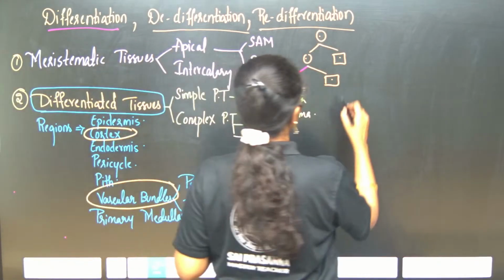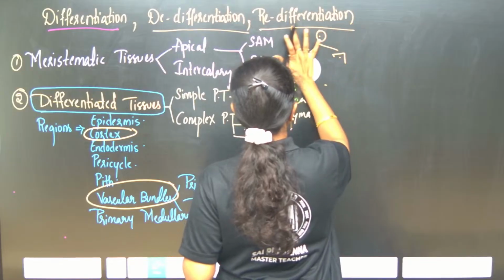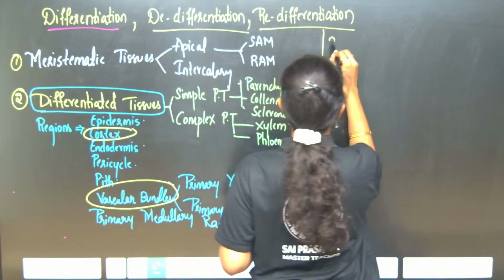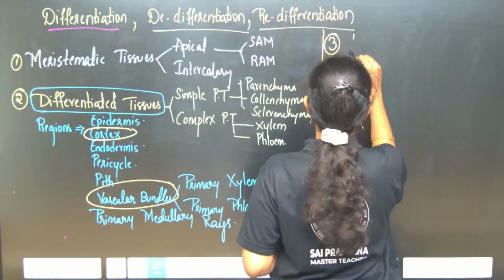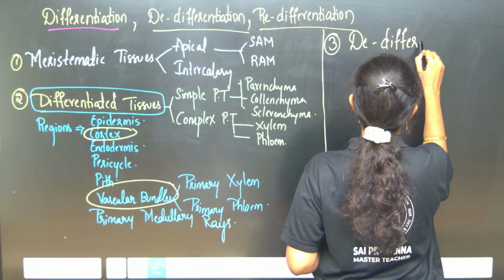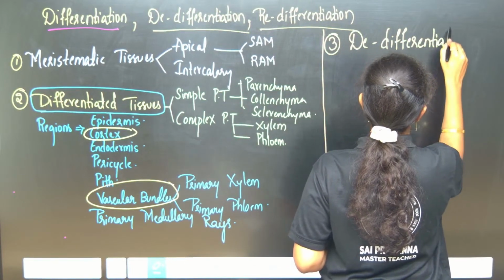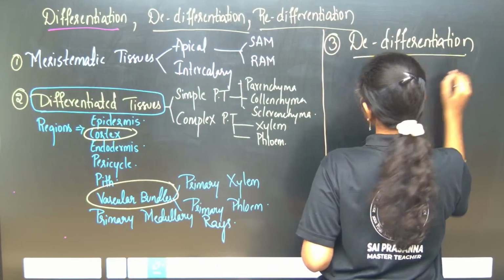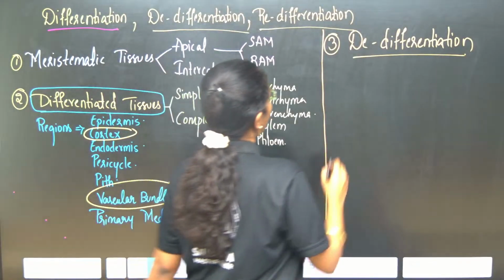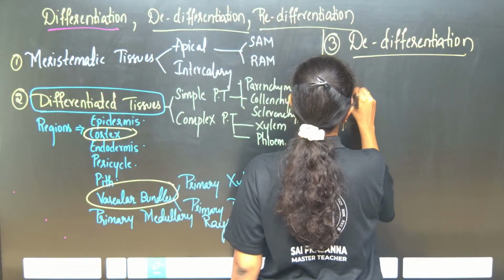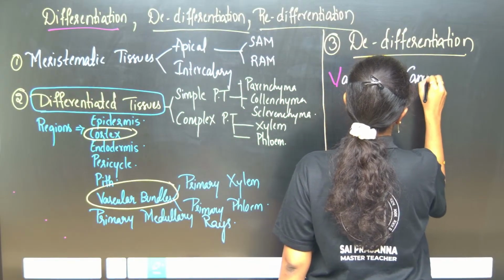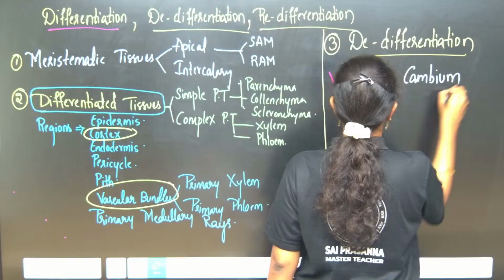So next, third is de-differentiation. It includes what regions? De-differentiation includes vascular cambium and cork cambium.